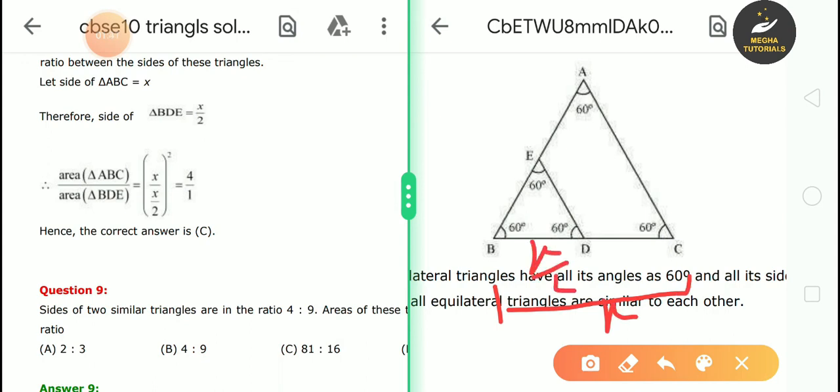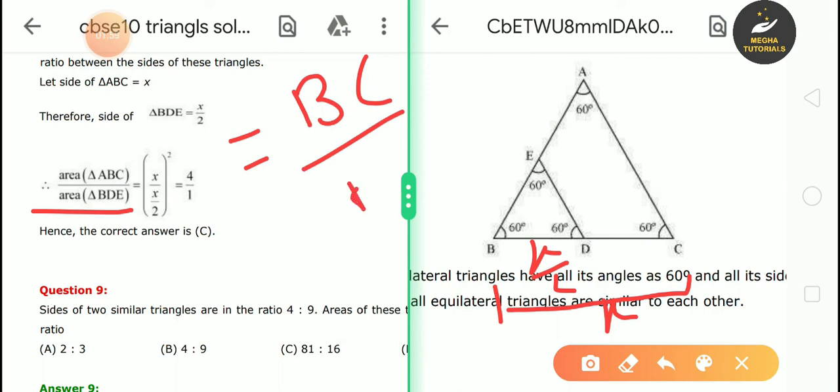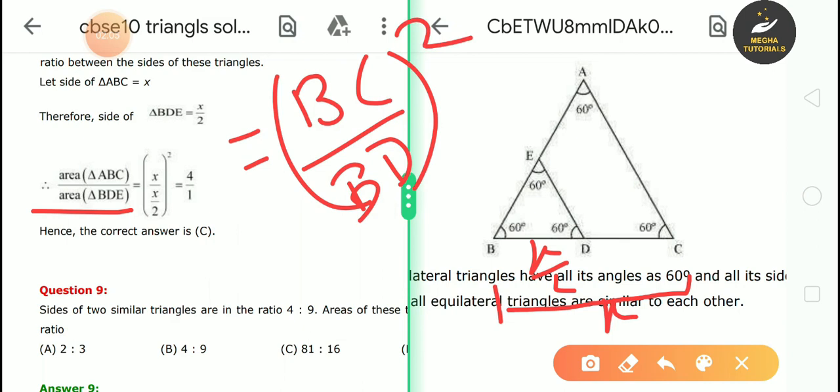Okay, now since these two triangles are similar, we can use the theorem of areas of similar triangles and therefore we can write area of triangle ABC upon area of triangle BDE is equal to BC square upon BD square, or BC upon BD the whole square. Okay, so BC is X and BD is X upon 2.